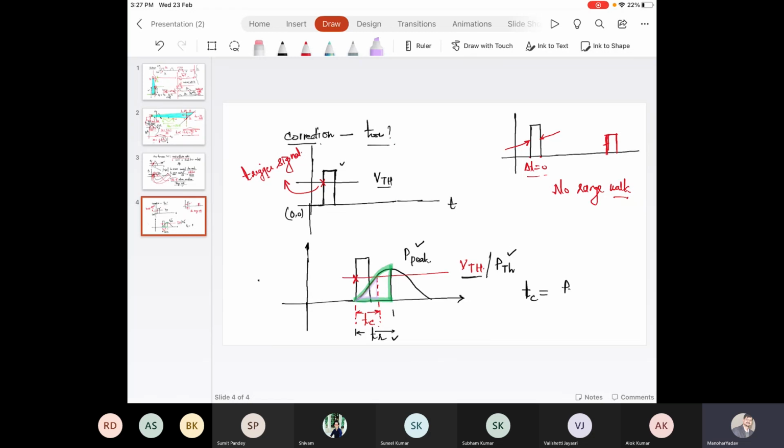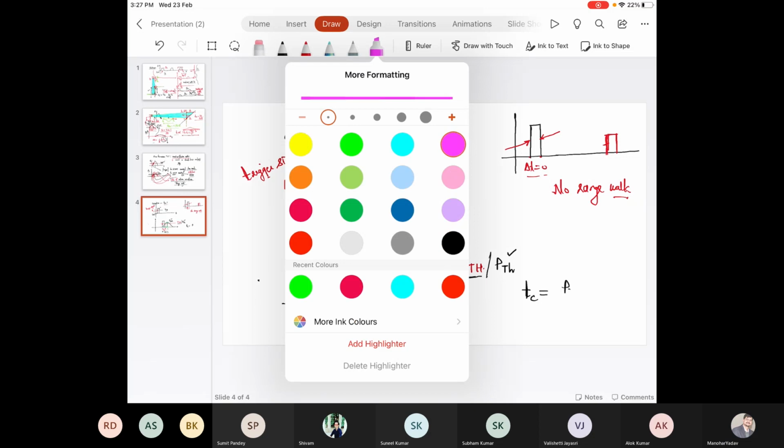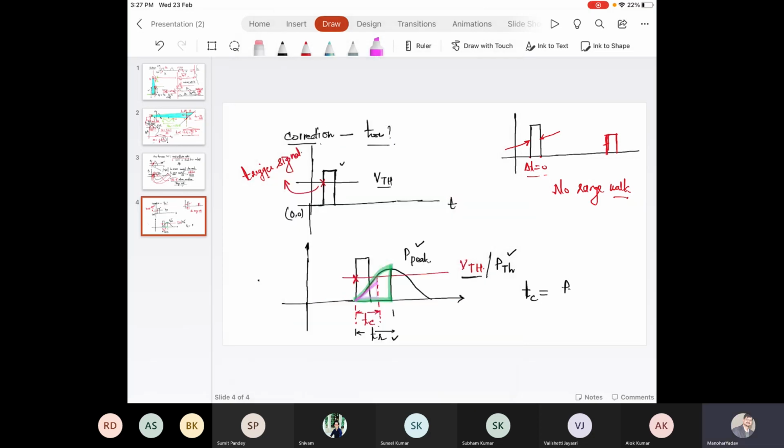If you approximate it as a triangle, then what should it be? These two are similar triangles. Can we say this? P upon TR into VTH.